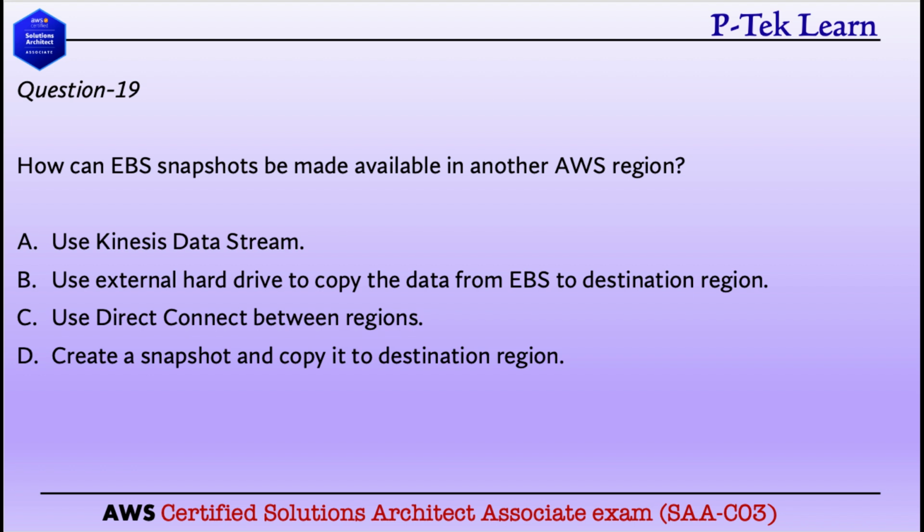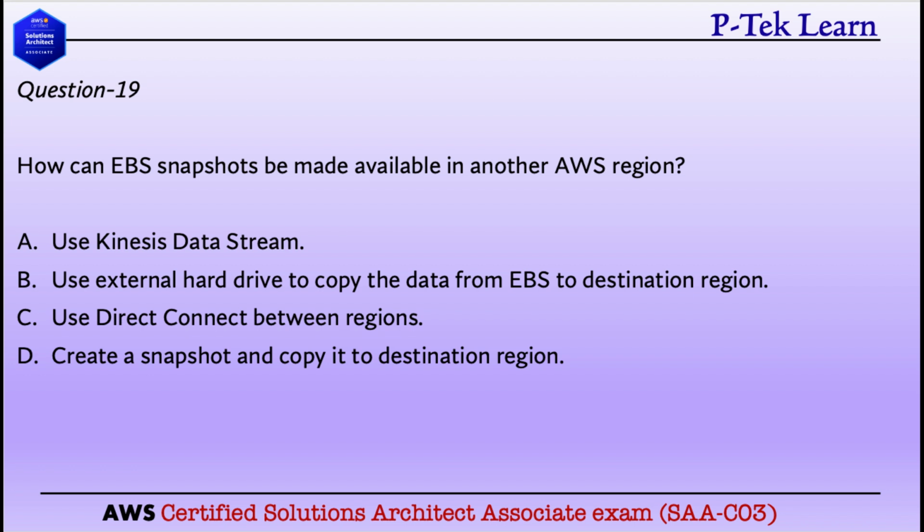This is not the right option, because using an external hard drive to copy data from on-premises data centers to the AWS cloud is applicable, but this is not the case here. Option C. Use Direct Connect between regions. Direct Connect is used to establish connections between an on-premises data center and the AWS cloud.